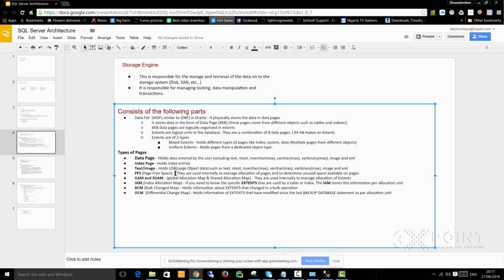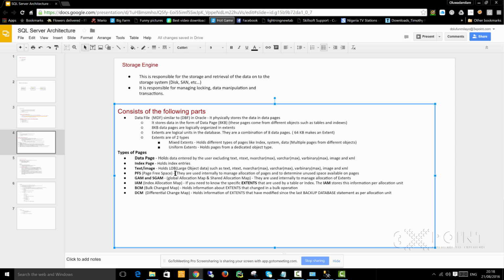If you're asked at an interview what PFS means, you can explain that it's a type of page, and the interviewer will not expect you to say only that. You can go on to explain that it is part of the architecture of SQL Server, which is the storage engine that holds the pages.